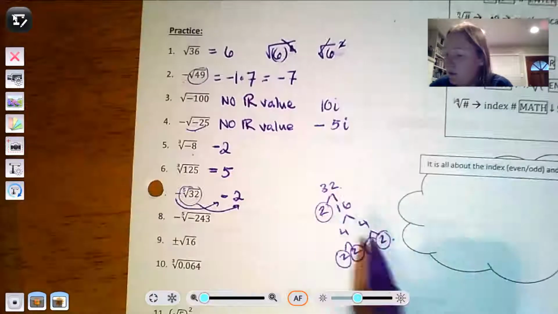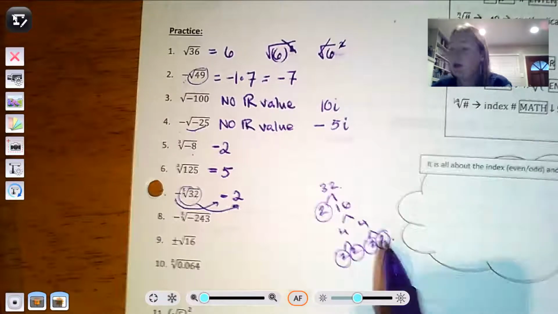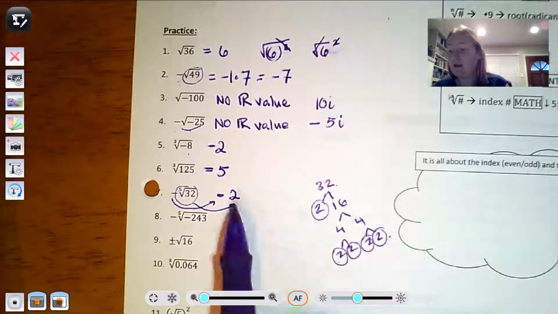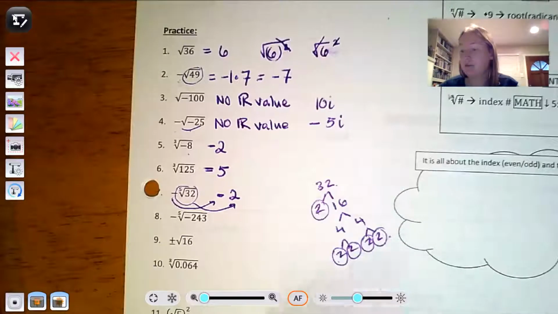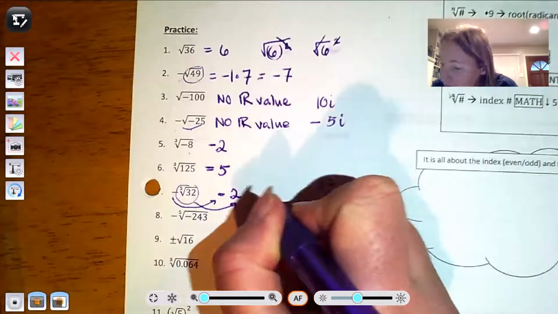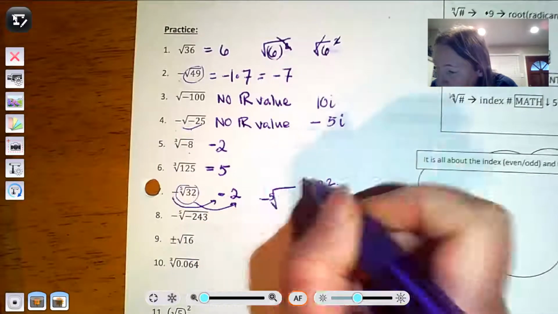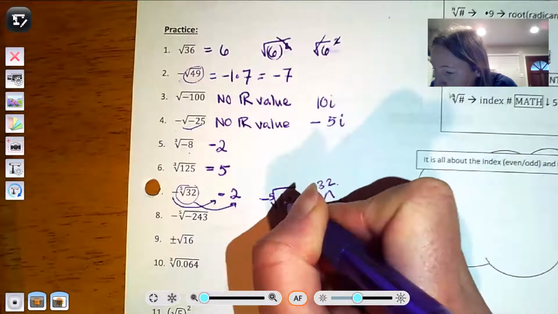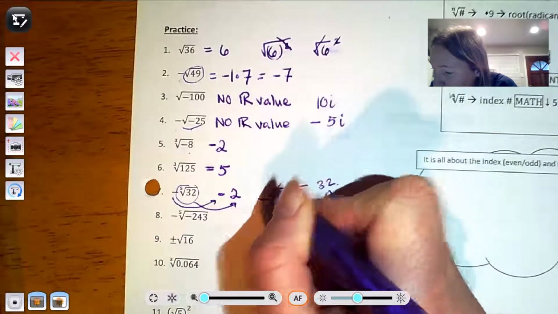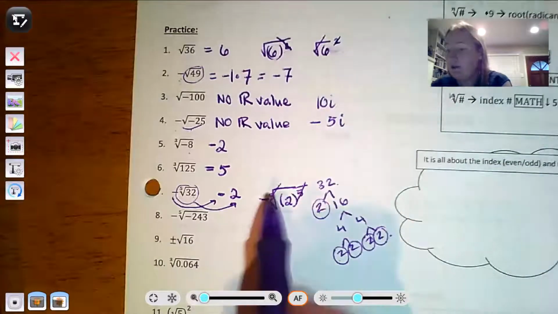And so you have 1, 2, 3, 4, 5 of them, no leftovers, so it's exactly 2. Or 5 factors of 2. So in other words, it's a negative 5th root of 2 to the 5th, and the 5th root and the 5th power cancel, so you have the opposite of 2.